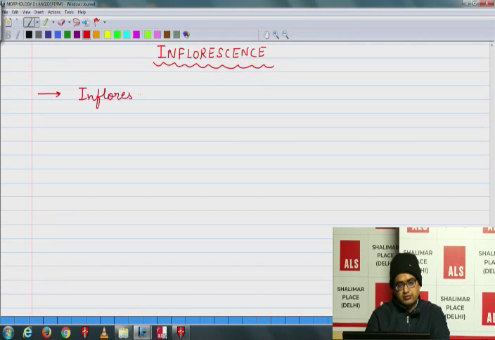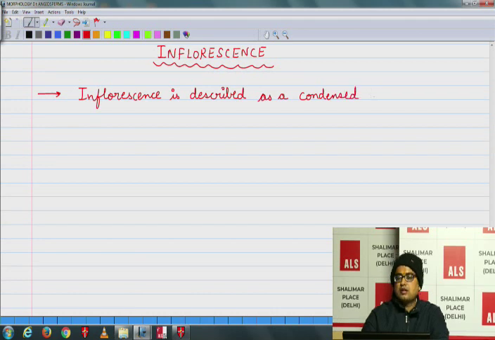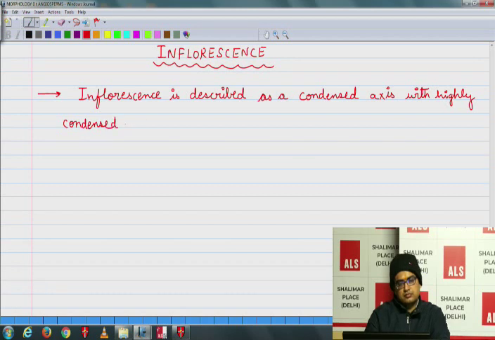Inflorescence is described as a condensed axis with highly condensed nodes and internodes.